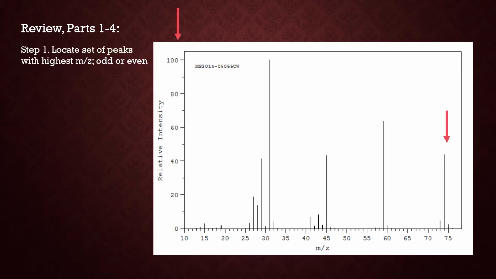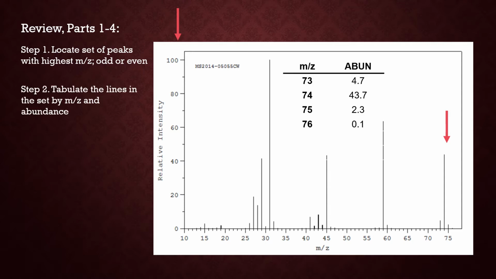Our first step is to locate the highest set of peaks in the mass spectrum, namely those peaks that have the highest m/z values. We're looking at the A and the A+1 peaks, namely the isotopic satellites. The first thing we want to do is determine whether it's an odd or even value.